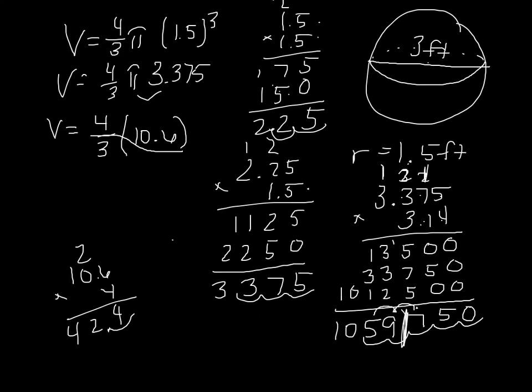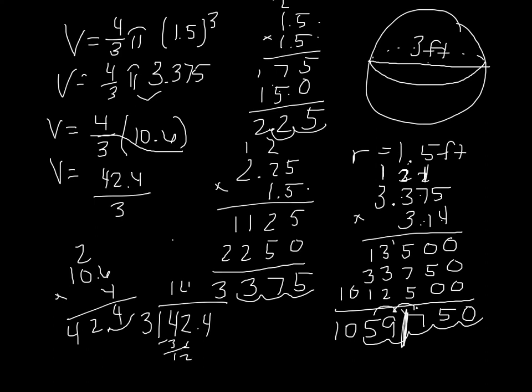Then I have to take 42 and 4/10 divided by 3. Okay, 3 goes in there once. 3 goes into 12 4 times. Oops.